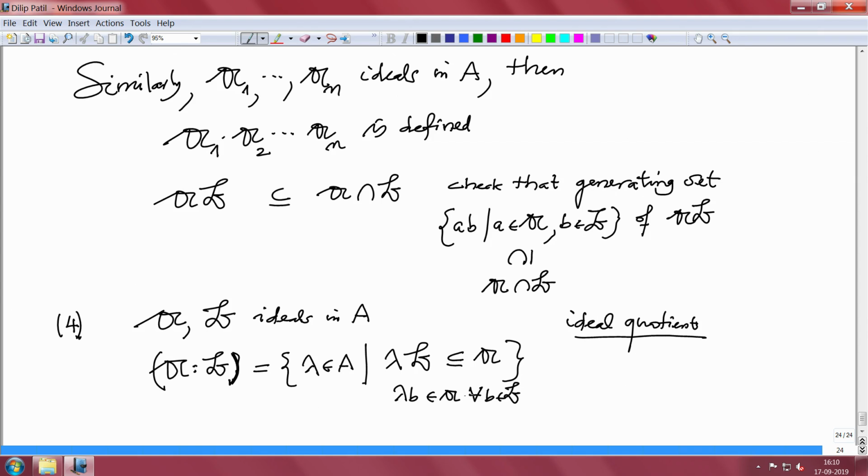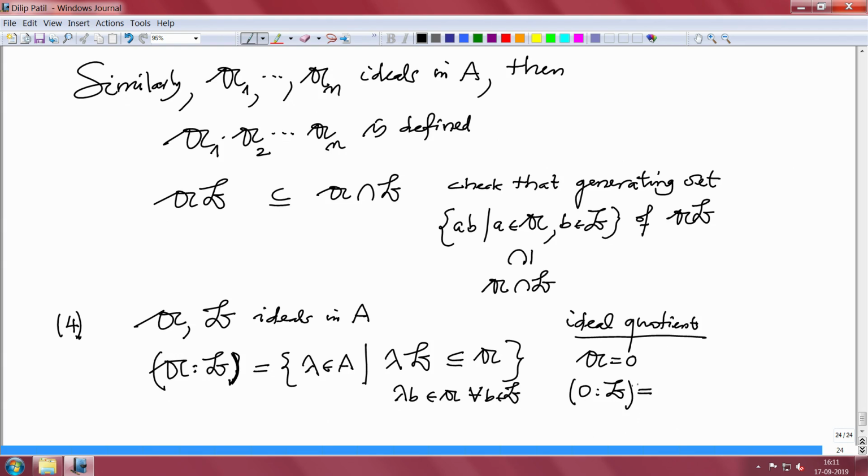Obviously this definition is so restrictive that we cannot define it for arbitrarily many ideals. A special case where it will be very interesting is when the ideal 𝔞 is 0. Then what is 0 colon 𝔟? Let us write down this definition.